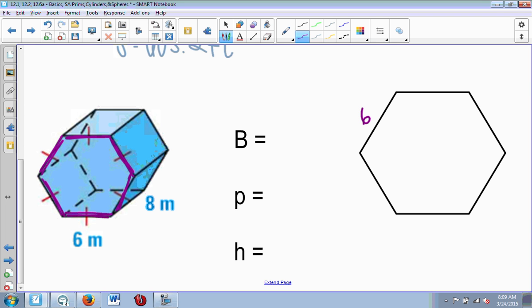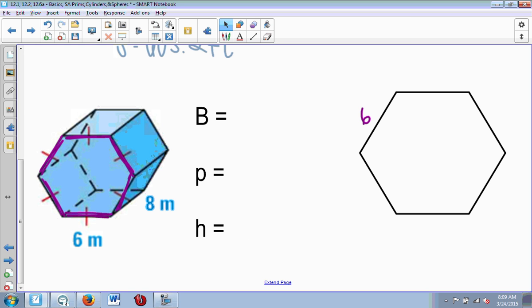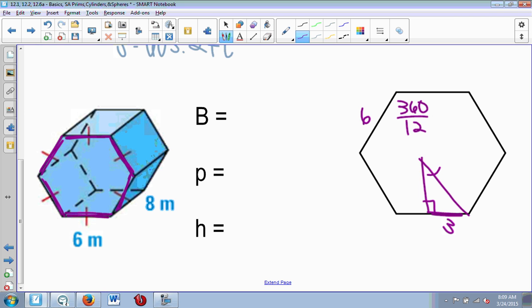So if we do what we did in the last class, where we found the area of a regular polygon, we drew in a triangle. I know since the entire side length is 6, that the base of the triangle is half of that, which is 3. This angle here on top, I need to figure out. We figure that out by doing 360 divided by double the sides, which is going to give me 30.